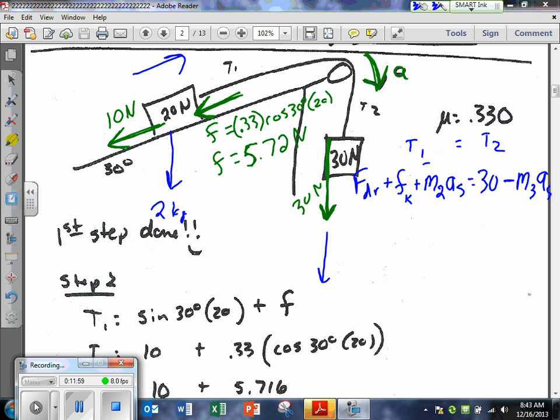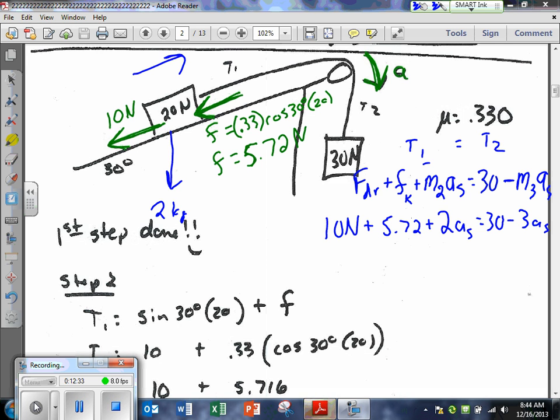Okay, now we can start putting in some numbers here. I'm just going to erase this so it doesn't get too confusing. The force down the ramp here is 10 newtons, and the friction, we already figured out, is 5.72, plus 2 AS, because the mass is 2 kilograms, equals 30 minus 3 AS.